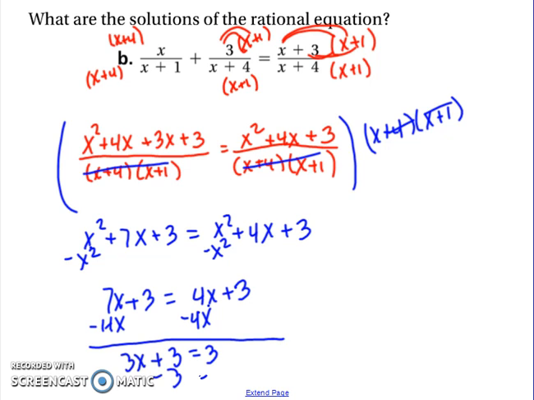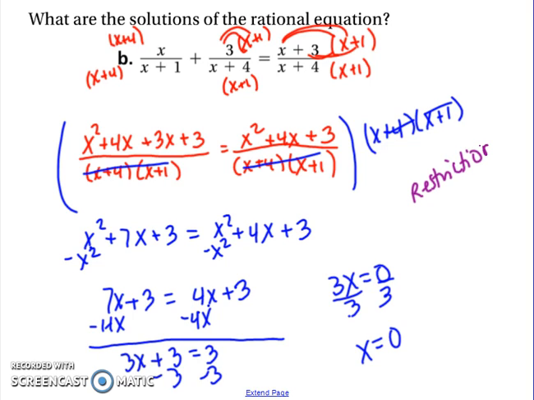And now subtract the 3. So I get 3x equals 0. And when I divide by 3, x equals 0. And our restrictions would be what makes the denominator 0. In this case, our restrictions are x can't be negative 4 or negative 1. So since 0 is not one of those restrictions, 0 is a good answer.